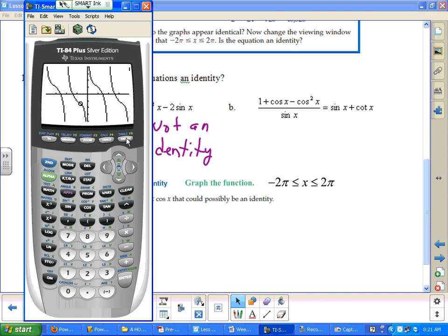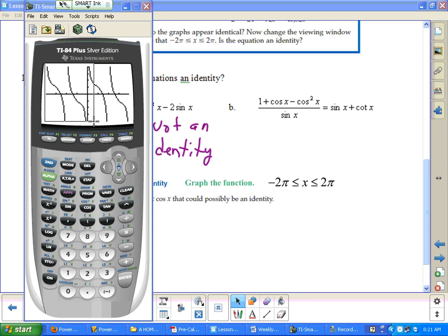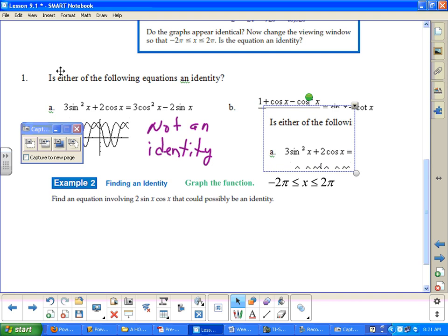And we can see that they do follow the same path, so this one would be an identity. So I would say that it could be an identity then. Oops, that's not what I was supposed to have gotten.